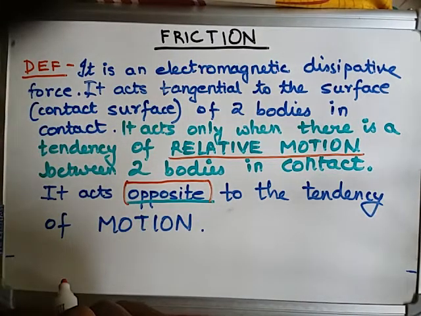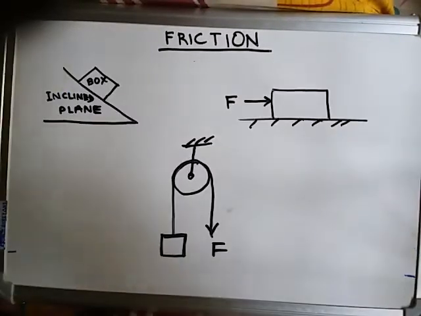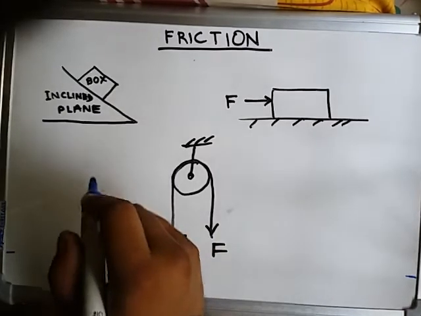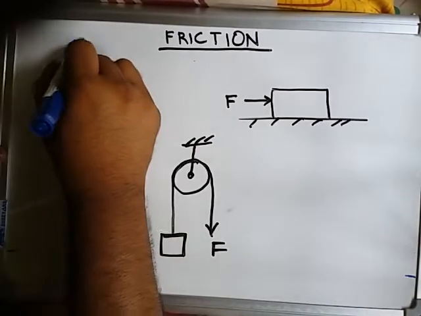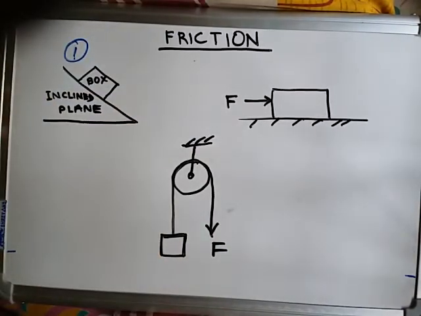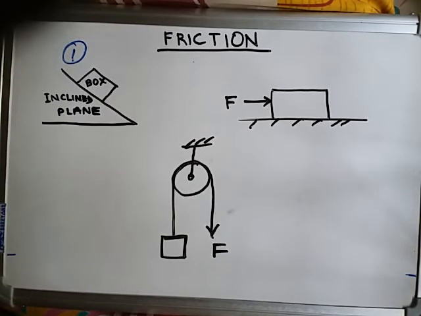Now let us look at a few examples of friction so that we can understand it better. Here we have three examples. Suppose in the first example we consider an inclined plane and a box lying on it. Mind you, this inclined plane is rough, so there is friction.